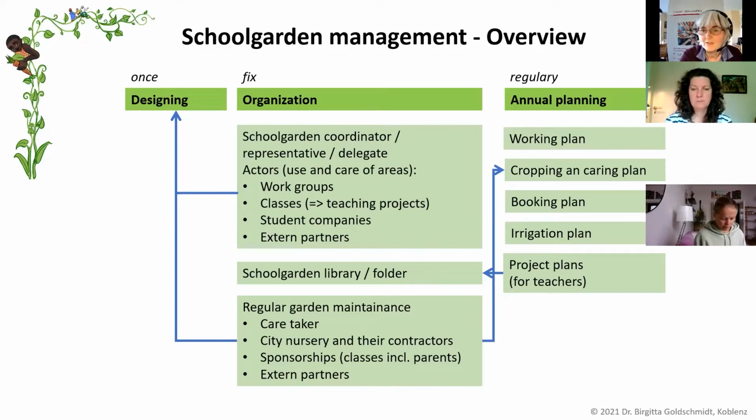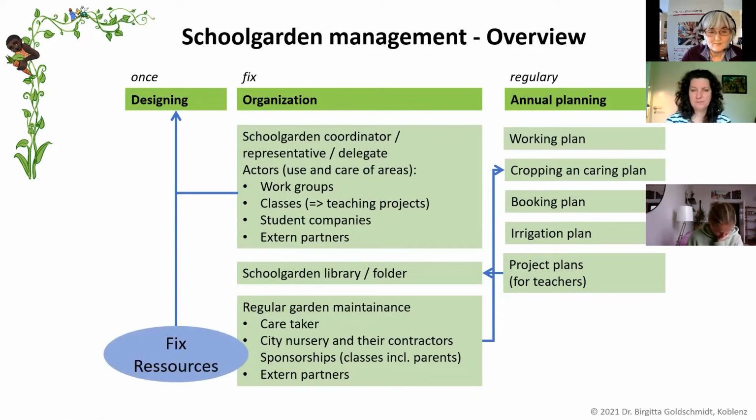And then you have regular events of annual planning, doing a working plan, a cropping and caring plan for the school garden, a booking plan if you have several groups in the school who are using the school garden, an irrigation plan for the summer break, and the project plans for the teachers. And of course, you may have several fixed resources, and it is very good to have these fixed resources for the school garden maintenance.